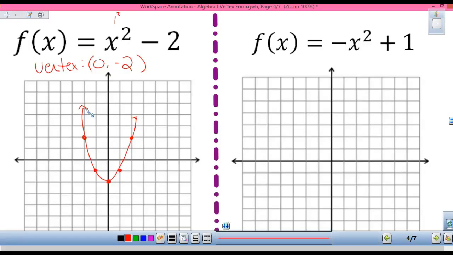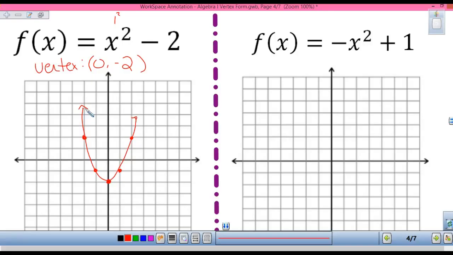What happened to every single point of that graph? It moved down 2. That's what this is. Because our k was negative 2, so it moves us up or down, however much this is. Okay, why didn't it move over? Because h was 0. So if it's 0, it's not going to move, right?